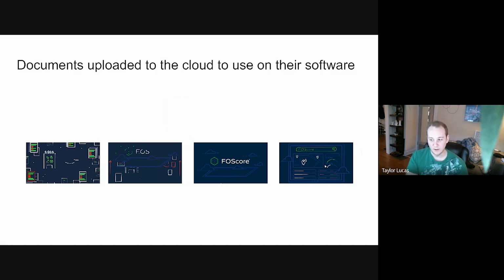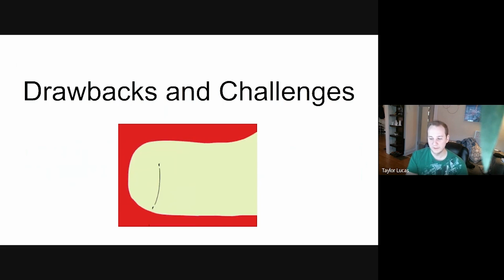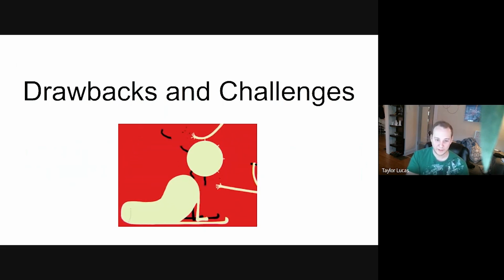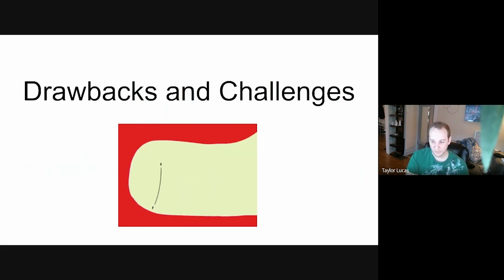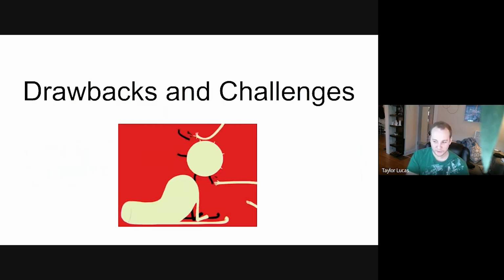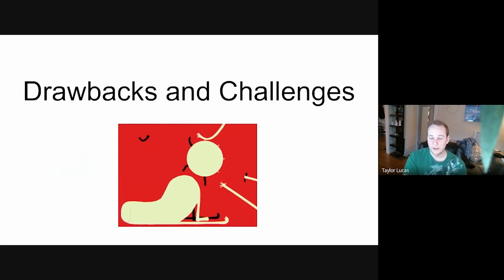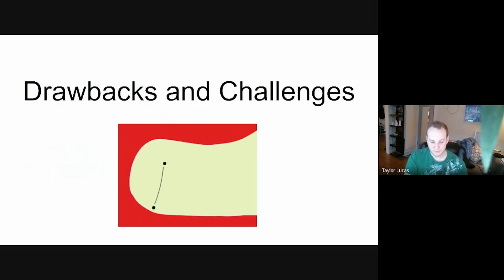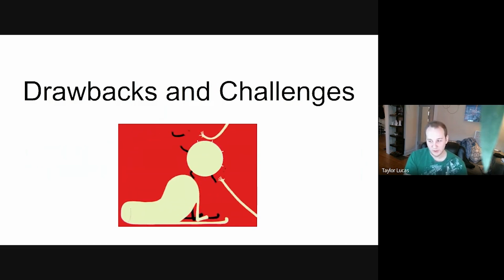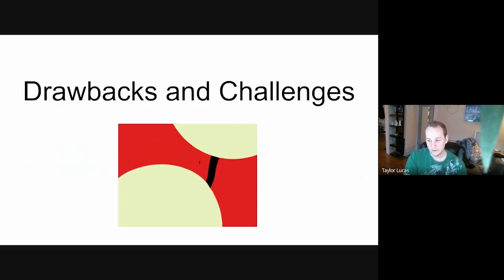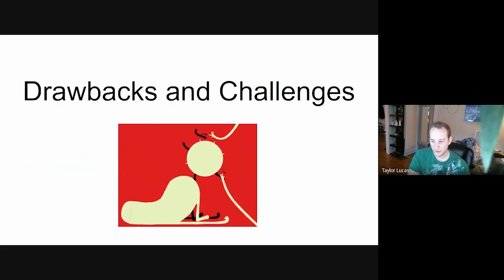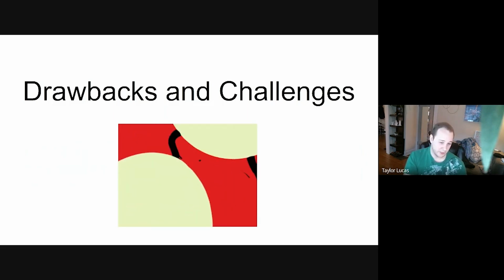And then the last thing I wanted to mention was the drawbacks and challenges. Because we have no post-production phase, which is where the finer details would be accentuated, we need to be very intentional about every shape on screen.